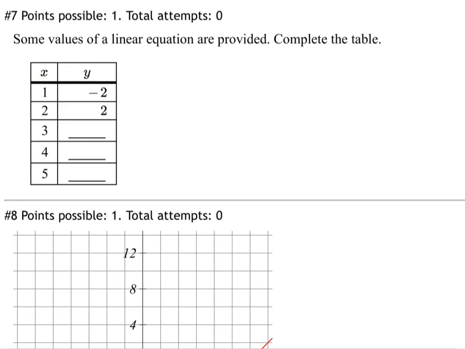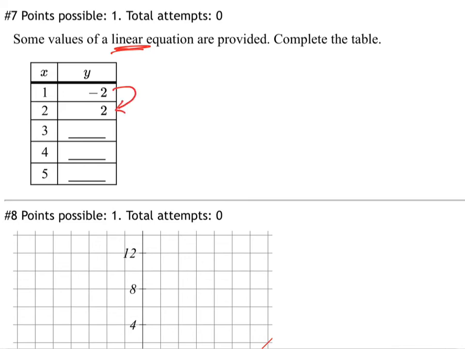Question 7. Some values of a linear equation are provided. Complete the table. Okay. So they started to give us some values. How could we find the rest of the values? It's linear. So linear means it always goes up by the same amount. So how much did it go up by from there to there?